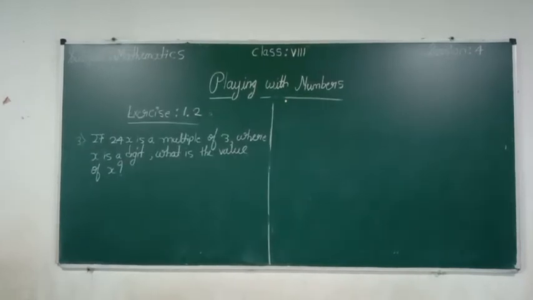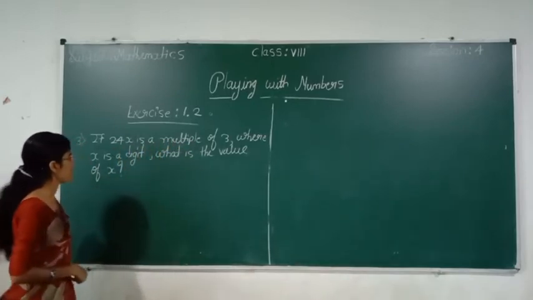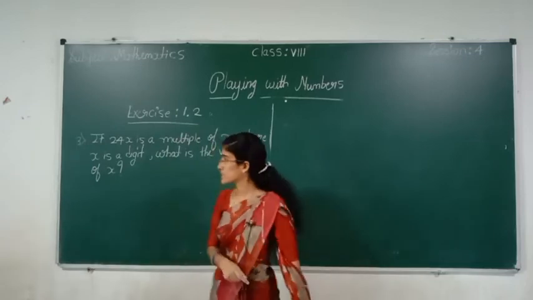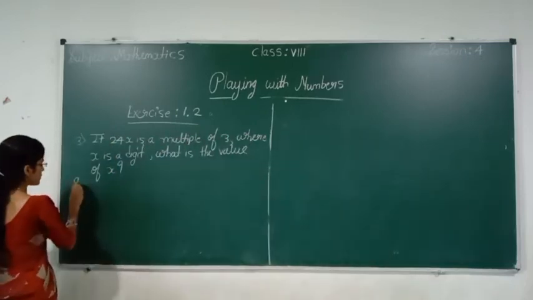Now see student, the third question tells that if 24x is a multiple of 3 where x is a digit, what is the value of x? See here, solution.